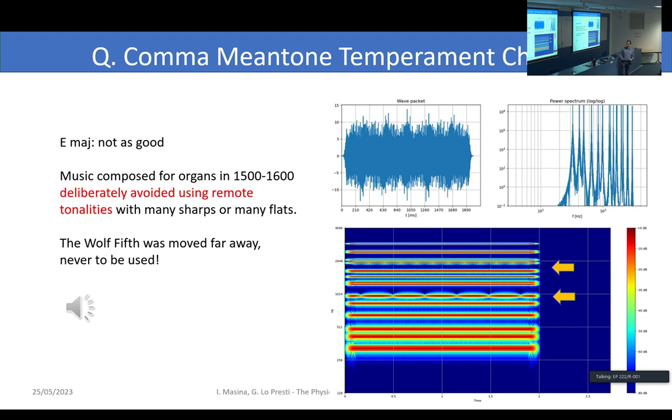But then let's see what happens if I go to E major. There is more beating because now the fifth is more out of tune and the third is also not very good. So this is where, remember, I said in the first lecture that all of those sounds are completely synthetic and on purpose without taking into account the resonances of the instrument that very often may hide those things a little bit.